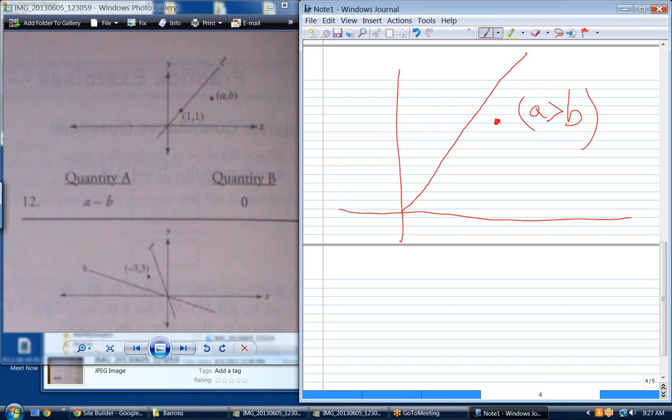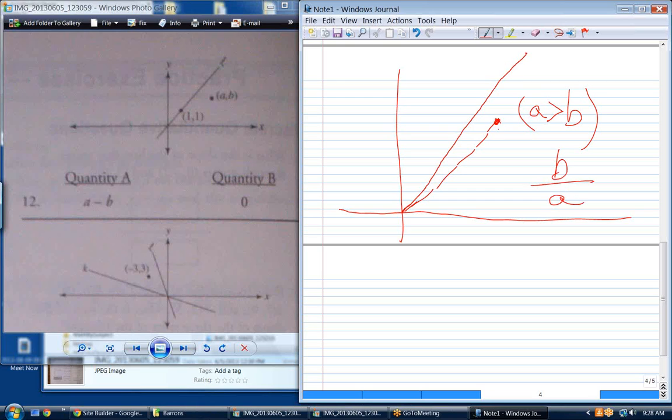So, if we were to look at that slope, we know it's less than 1. Okay. Only way it can be less than 1 is if A is greater than B, because the slope of this line is B divided by A. Okay.